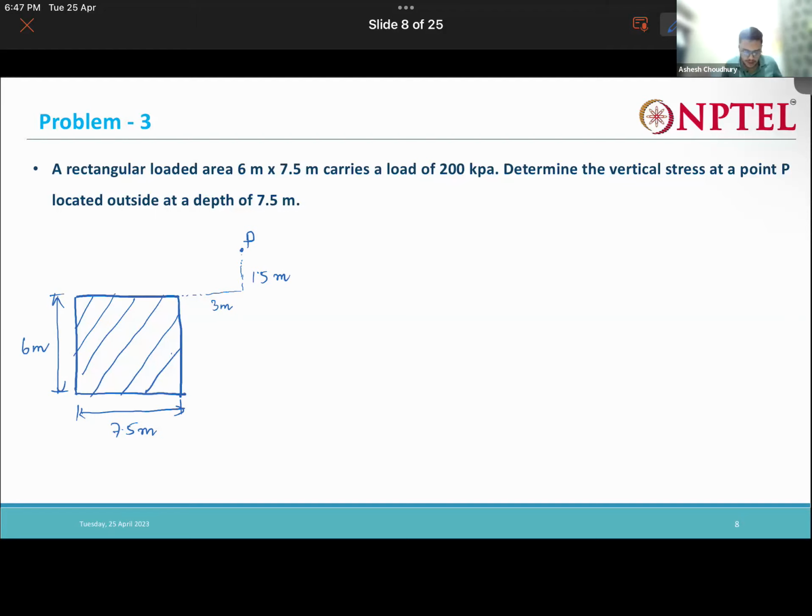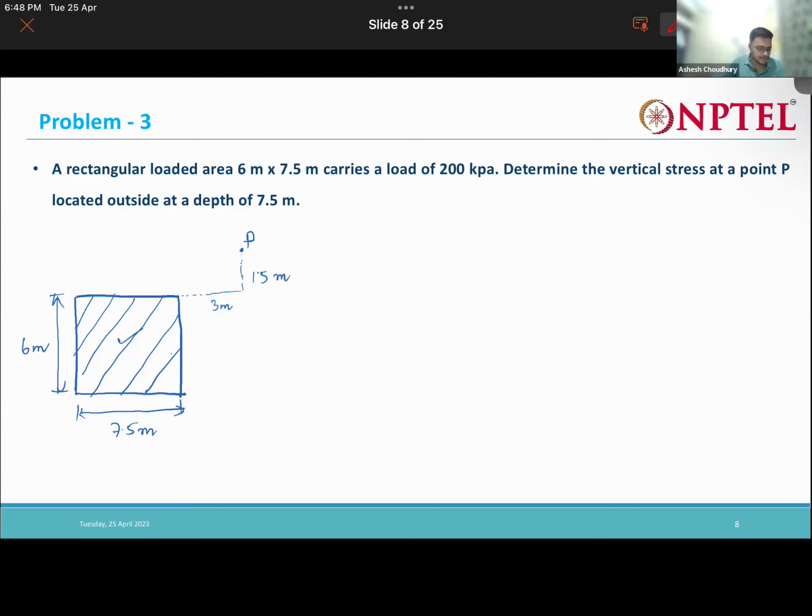So again, P point is actually situated. In order to find this out, what we will do is that we will be drawing some fictitious loading, and then using that we will be determining the pressure under this P. So let us draw that, right?